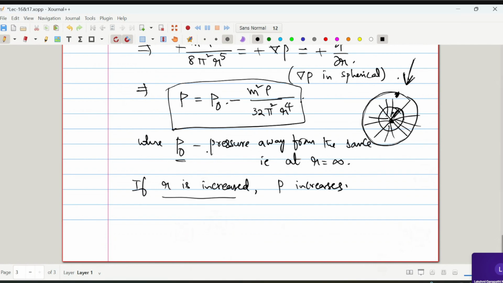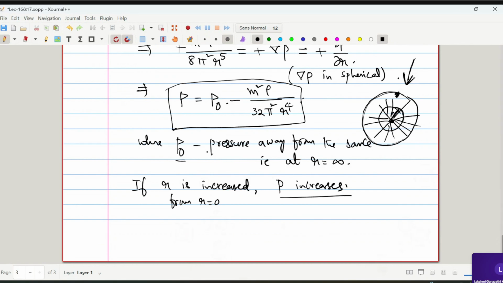So from 0, if you move away, or coming from infinity, if you come in, it reduces. So I'm just looking at increase from 0, so I'm writing here from 0. If you want, you can write so that P actually increases here.